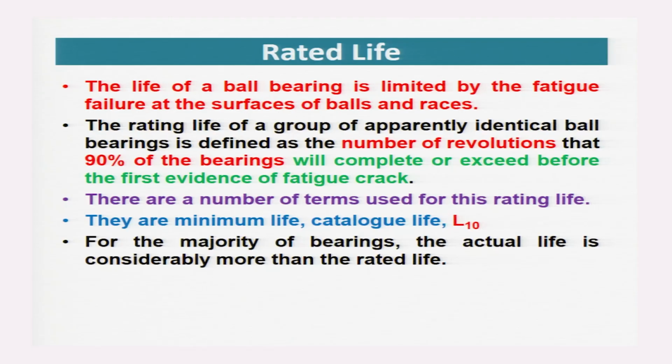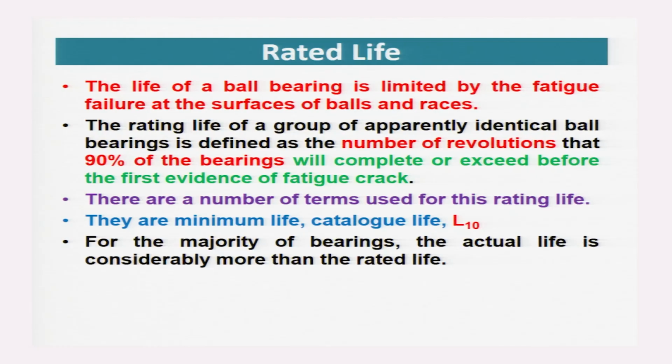general it is given as the fatigue life of a bearing, because the load acting on the bearing is a variable type of load, because we saw that the heavily stressed load is just below the radial load. So, when that ball after rolling goes to the upper half, then the load reduces and then becomes 0.